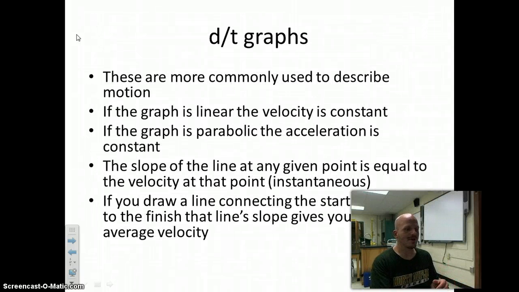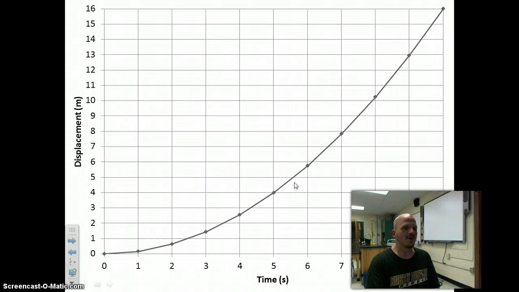Now, some things here. If we look at it, focus right here. The slope of the line at any given point is equal to the velocity of the line at that point. One of the things you're probably going to hit at some point in calculus is doing tangent lines to a curve.